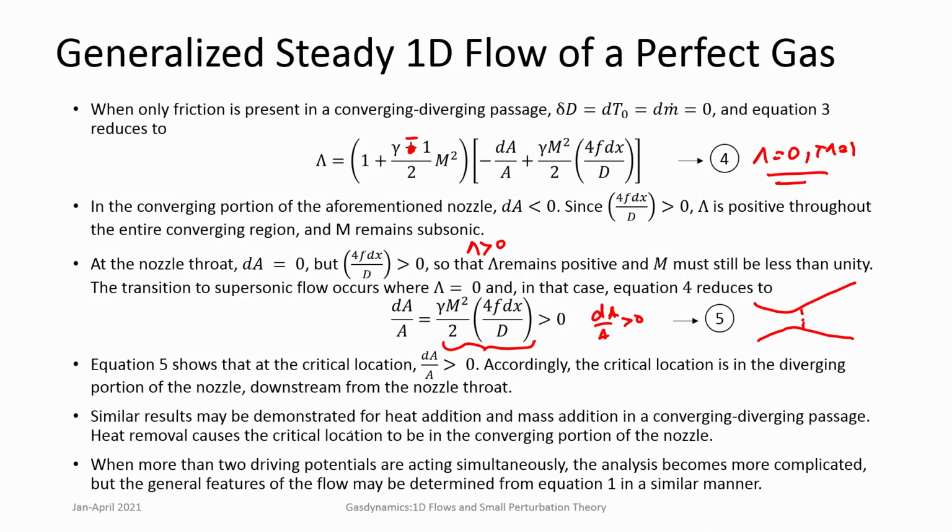You want to quickly know what will happen when you have friction, heat addition and area change happening together, which is typical of propulsion devices or nozzles or diffusers in real flows. An idea of how they would behave can be understood with the help of this generalized 1D flow, and further studies can be carried out later by using CFD approaches or experiments.